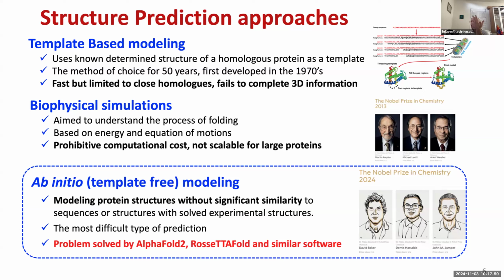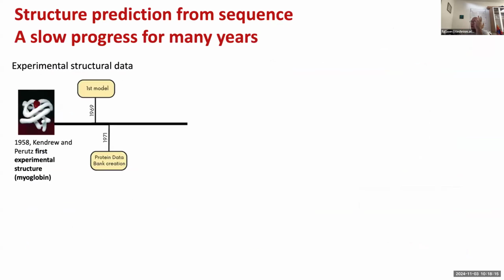Obviously, this is the most difficult type of prediction, and it took 50 years, but this problem was recently solved by AlphaFold and RosettaFold, which are similar software, using deep learning, these wonderful methods that were just described by Dvir and Rui. I will try to describe the main breakthroughs made by these people in order to reach the final solution. There are too many to explain all of them, but I will try to overview them at least.